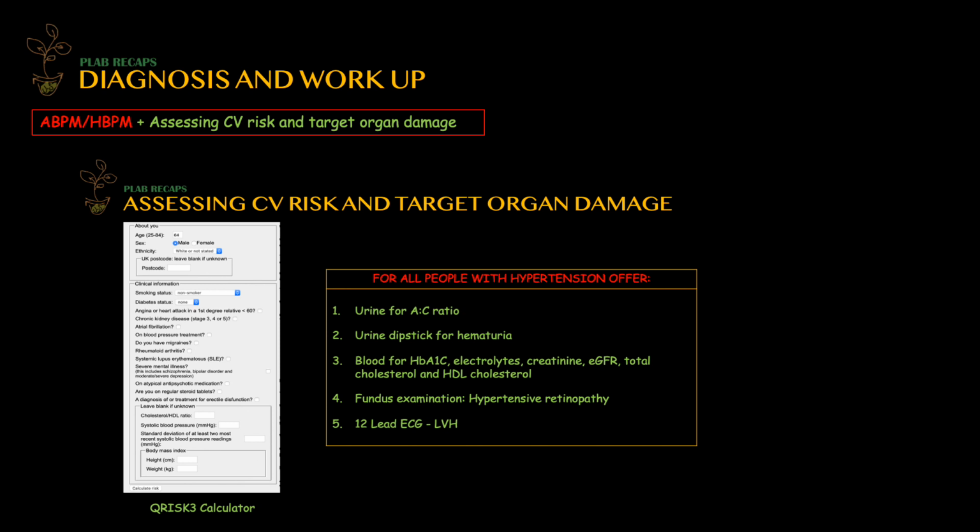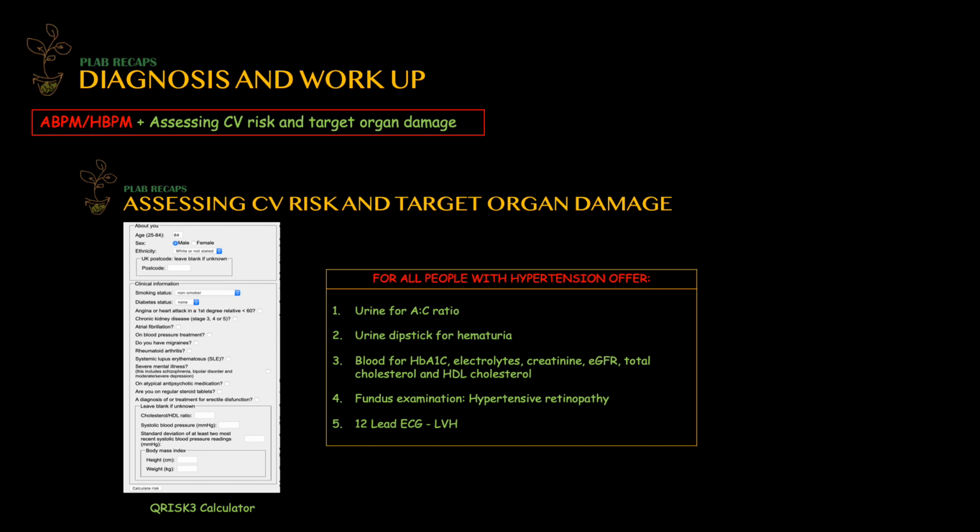For anyone you suspect to have hypertension, you need to send a few routine bloods and do some workup. This includes workup for target organ damage, so look for any kidney injury: do urea, electrolytes, creatinine, calculate the eGFR, and send urine for albumin creatinine ratio, as well as do a urine dipstick for hematuria.